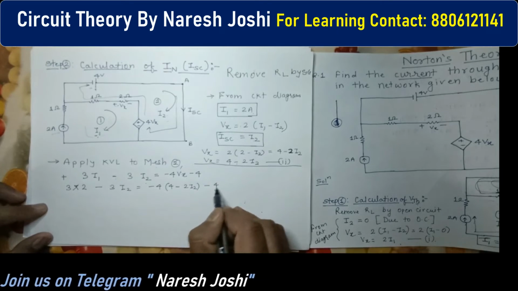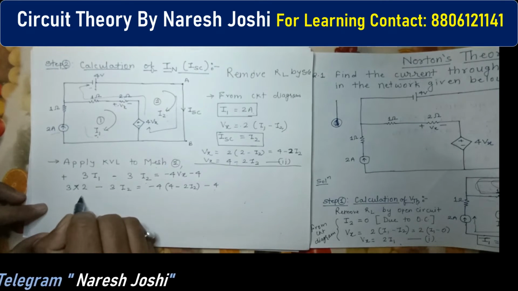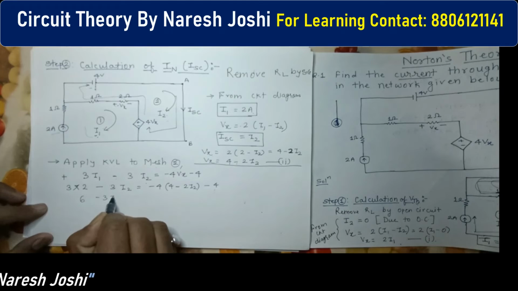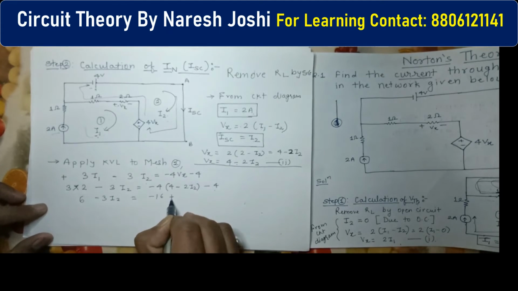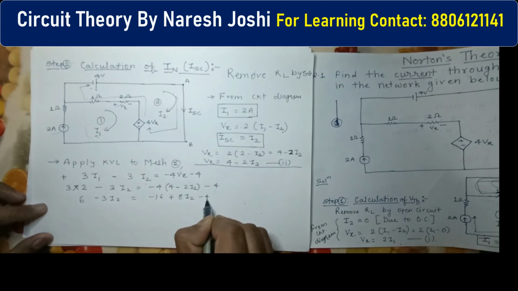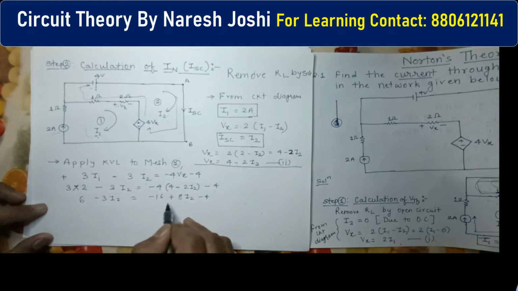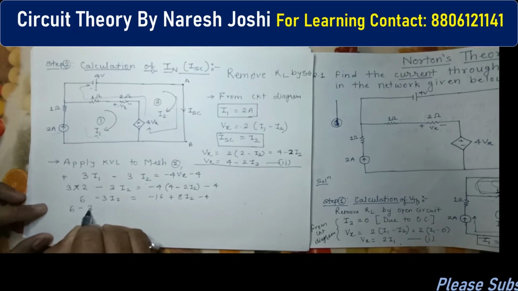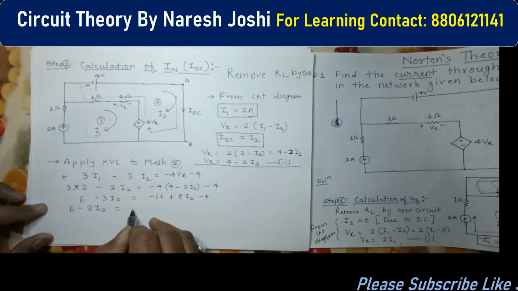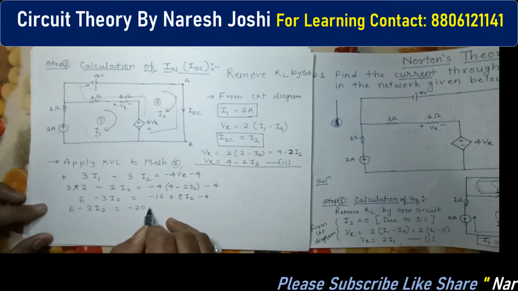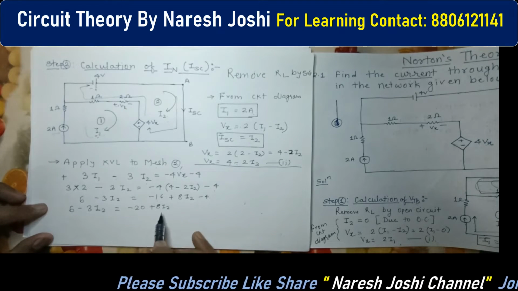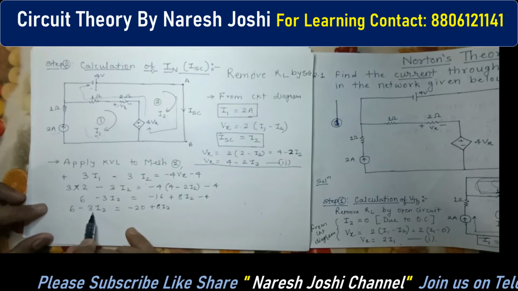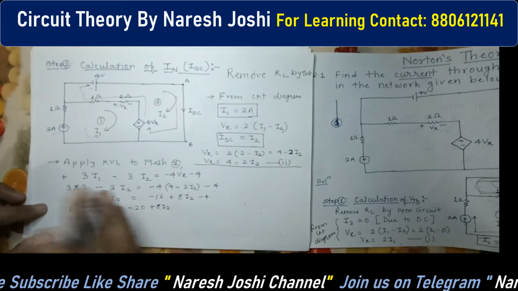Further we have to simplify. This will be 6, this is 3 I2, and this is -16 plus 8 I2, and this is -4. So we can say it is 6 minus 3 I2 equals -20 plus 8 I2. Now we shift this I2 to the right hand side and 20 to the left hand side.